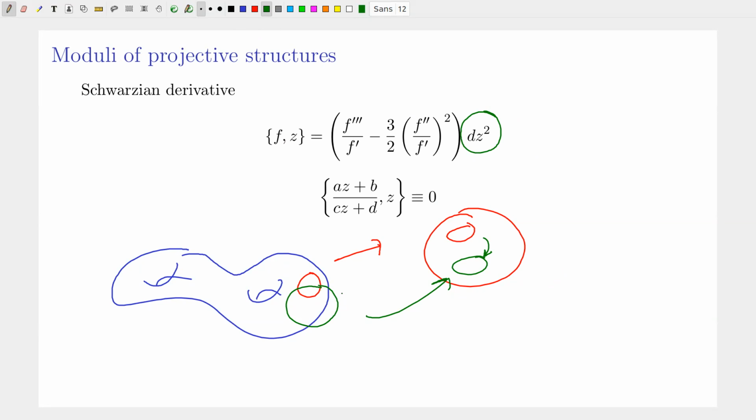Okay, so we can say this. If we take two projective structures, the difference will be a holomorphic quadratic differential on our surface. And when you put together the properties of change of coordinates of the Schwarzian derivative, you get that over a given complex structure, the space of projective structures is naturally an affine space directed by the vector space of quadratic differentials.